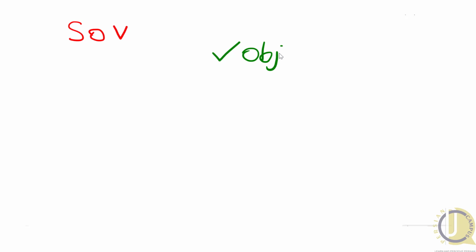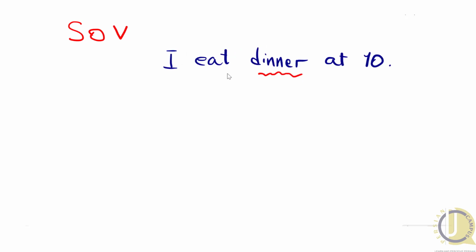Some verbs also require an object to form a complete phrase. They are transitive verbs. Something like, I eat dinner at 10 o'clock, where dinner is necessary for eat.